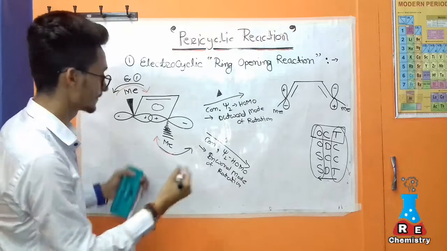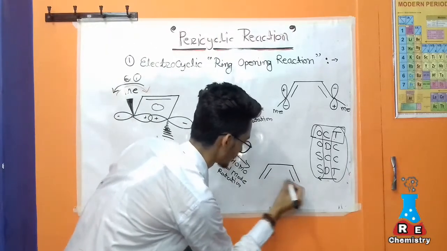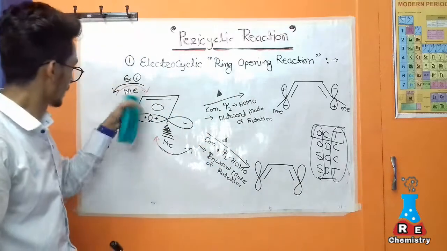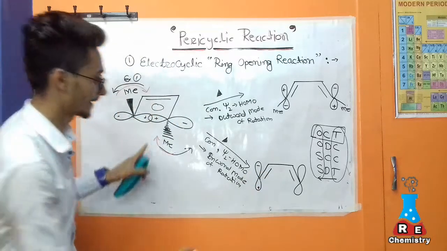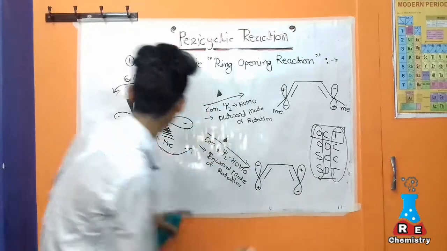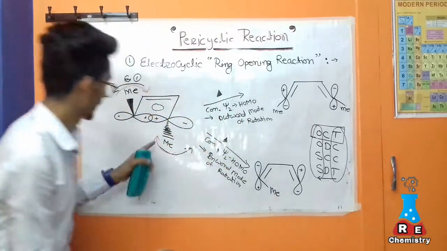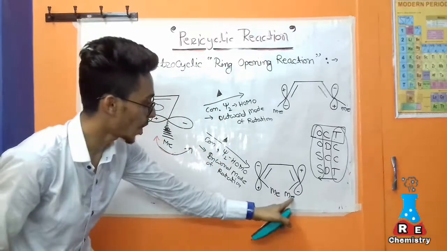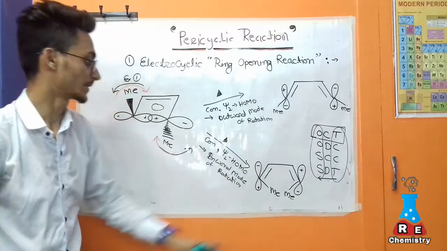So the product is negative sign up, positive sign up, negative sign here. Methyl group is here and this methyl group is here. It's also opposite directions of substituent.